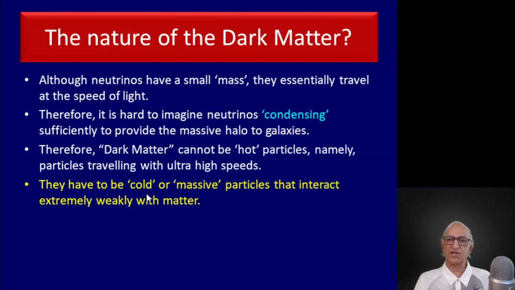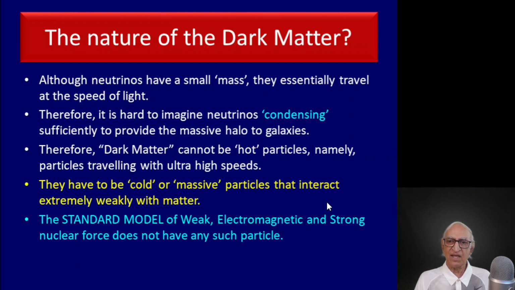Dark matter particles have to be cold, and they have to be very massive and yet interact very weakly with normal matter, with baryonic matter. Well, in the standard model of elementary particles, which unifies weak forces of radioactivity, electromagnetic forces, and strong nuclear force, there are no such particles which are massive and which interact incredibly weakly with matter like neutrinos.